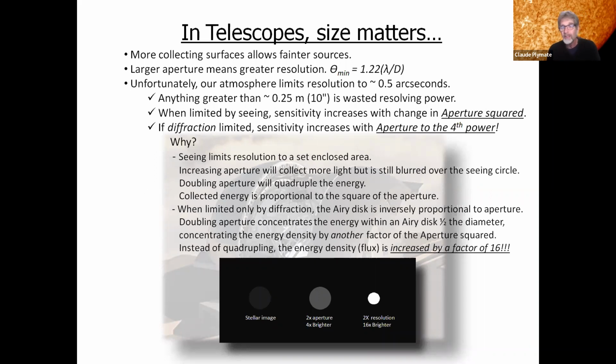So from that, you get another factor of aperture squared. So instead of quadrupling, the energy density flux is increased by a factor of 16. So you can see that if you can maintain that, you win not only in resolution, but in the sensitivity of the telescope very, very quickly.